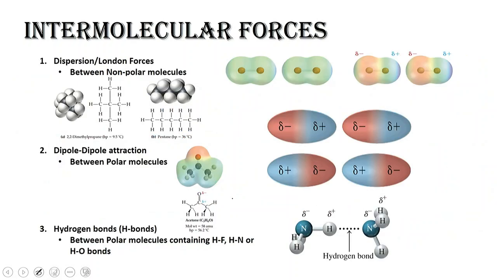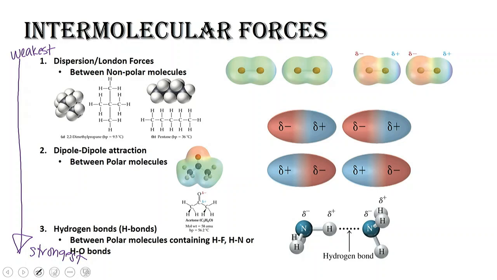If we're looking at the weakest to the strongest, dispersion forces are the weakest and hydrogen bonds are the strongest. Note that the strongest type of interactions between atoms are going to be ionic interactions between ions, right? But that's not what we're talking about here.